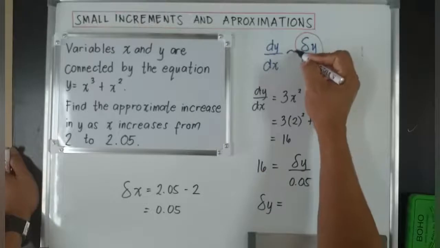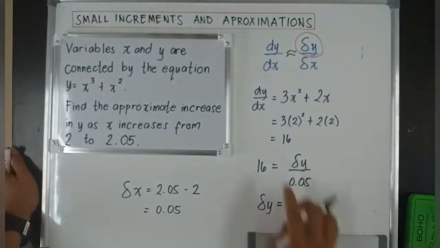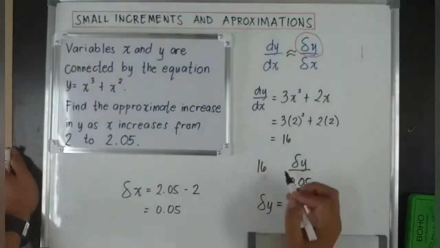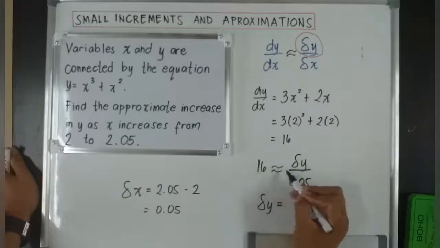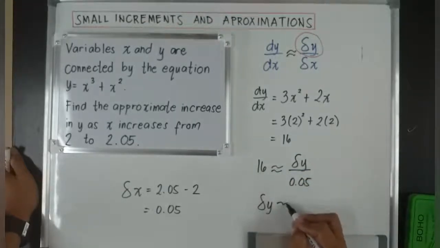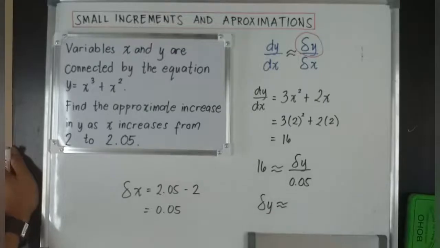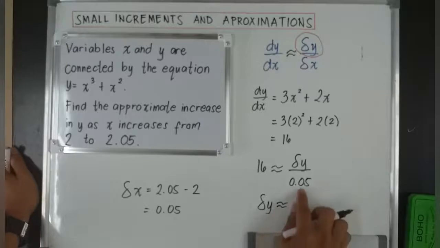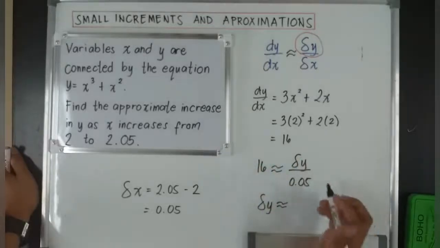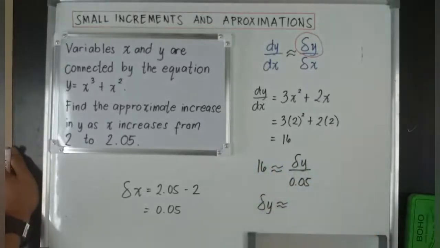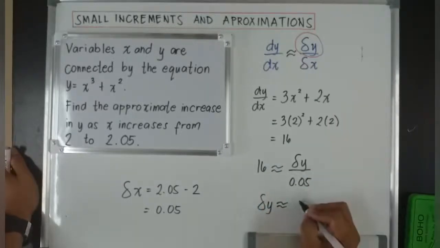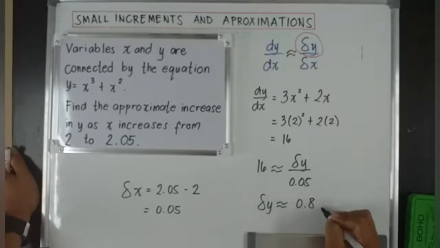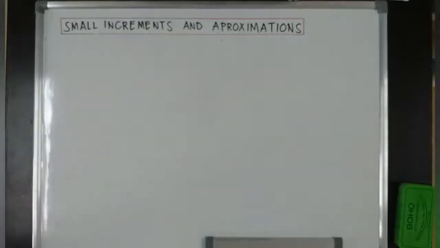So sorry, this is supposed to be an approximation only. So the small increment of y is approximately 0.05 times 16 because you want to isolate small increment of y. So 16 times 0.05 is 0.8. Our answer.